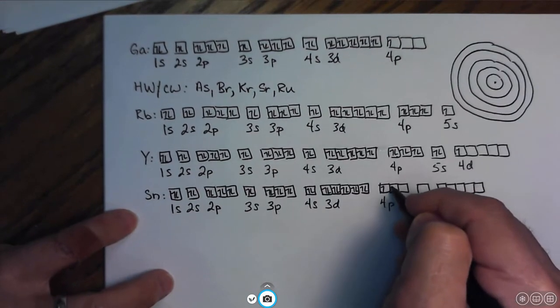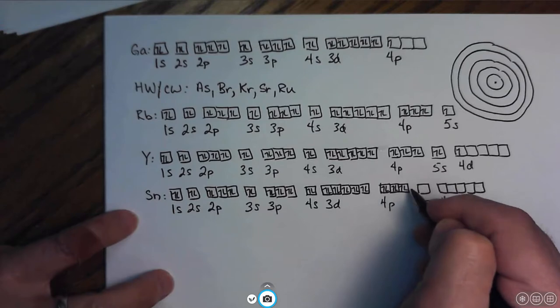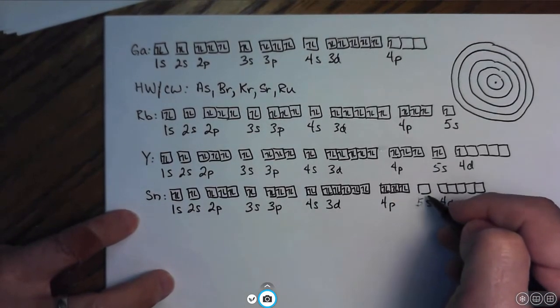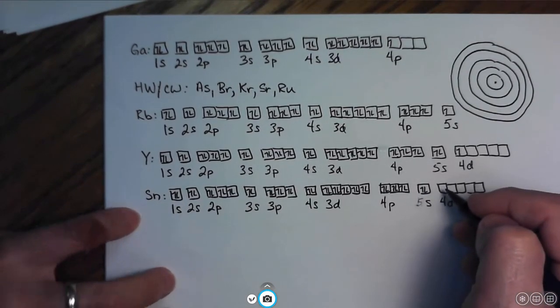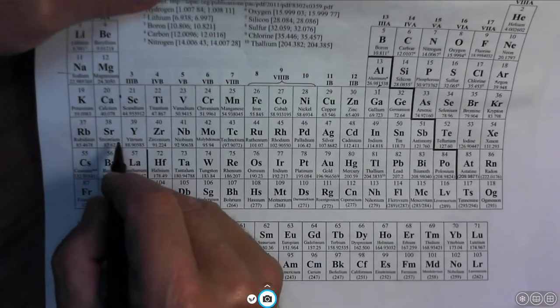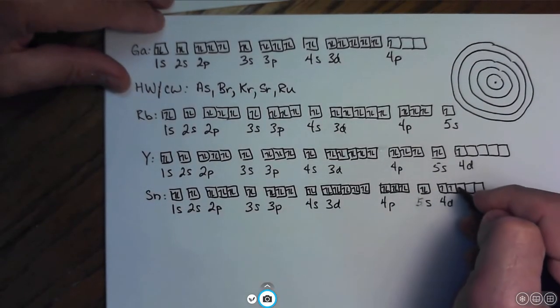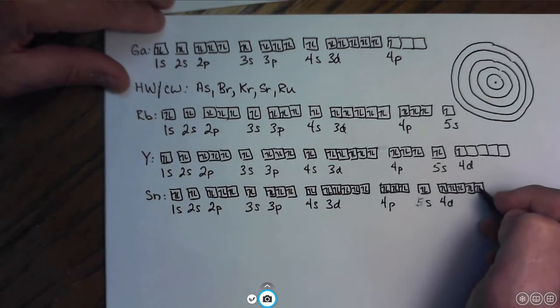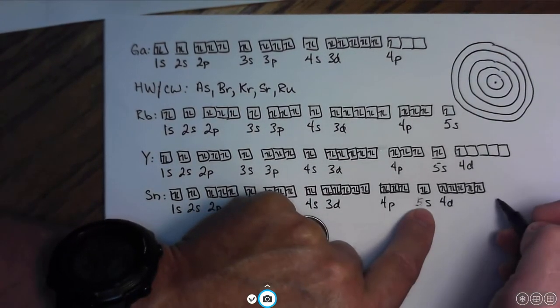P has 3 orbitals, 6 electrons, 1 electron in each orbital, and then pair them up. S orbitals have only 2 electrons. S sublevels only have 1 orbital. And we're talking about 10, so we have this D sublevel completely full. 1 in each orbital. Come back and pair them up for a total of 10 electrons. And now we're going to go to 5d.